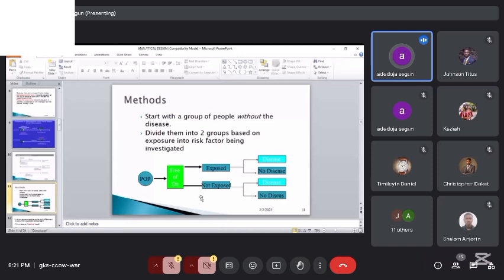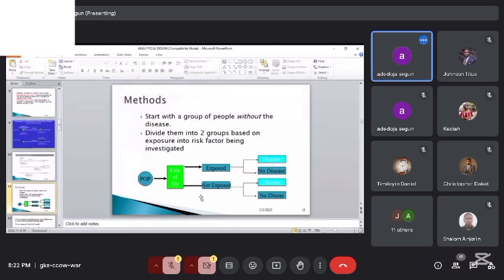That's what this chart is trying to explain to us. The population is free of disease. People that are free from disease, we get them. Then we divide them into two.